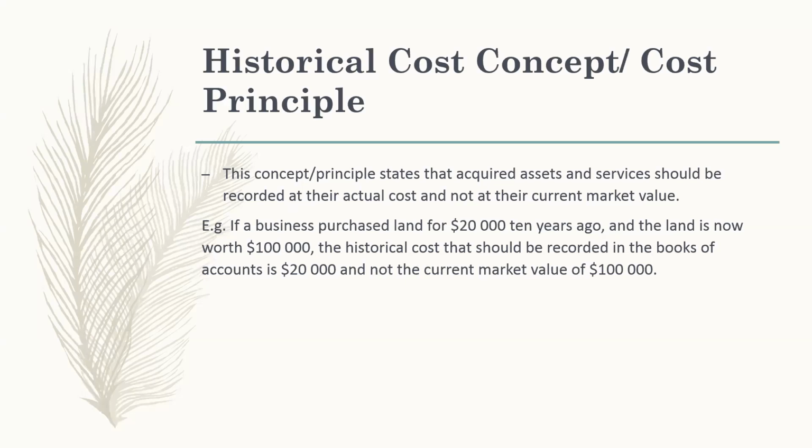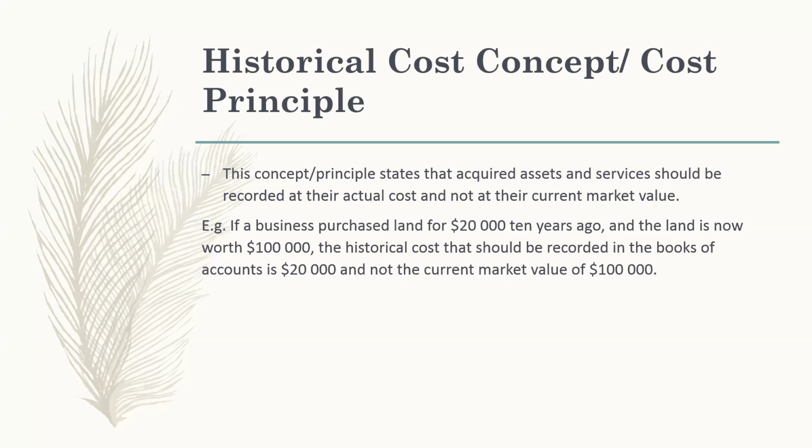The other concept, the historical cost concept, is also known as the cost principle concept. This concept or principle states that acquired assets and services should be recorded at their actual cost and not at their current market cost. Let's use an example.